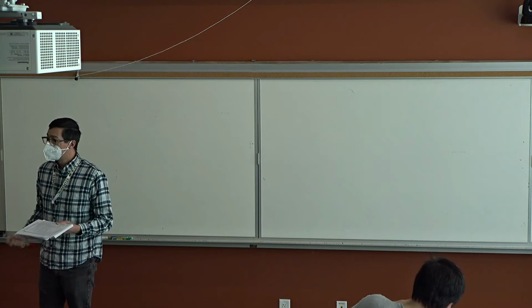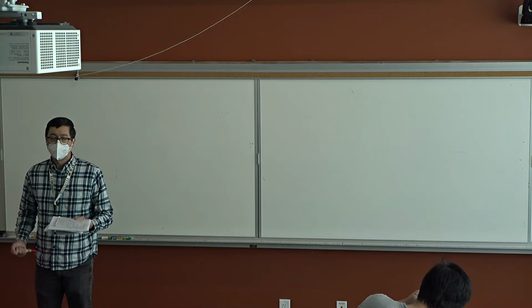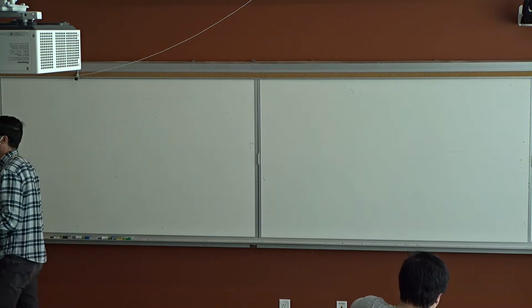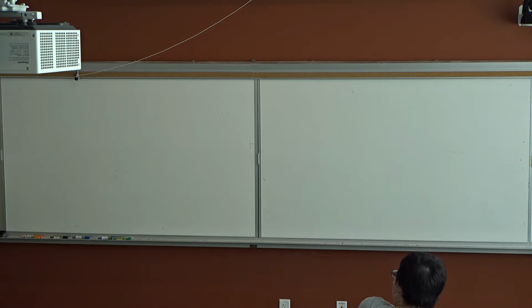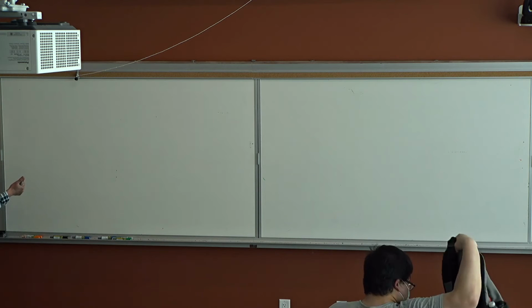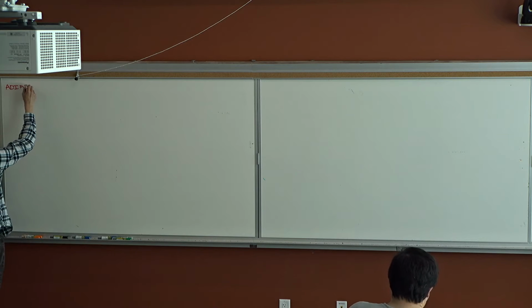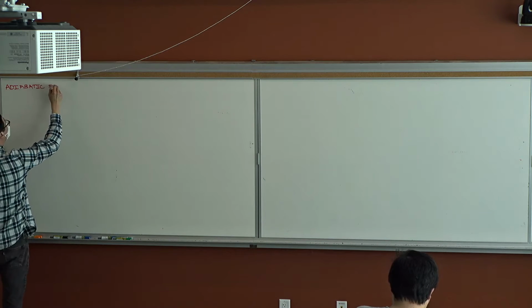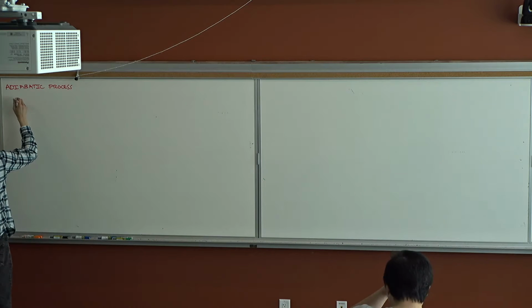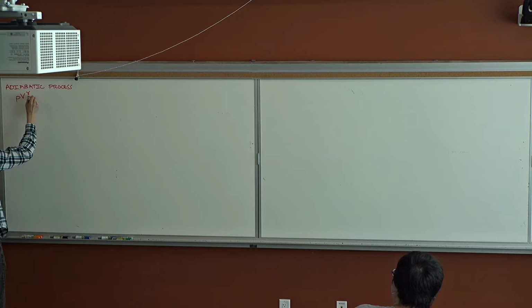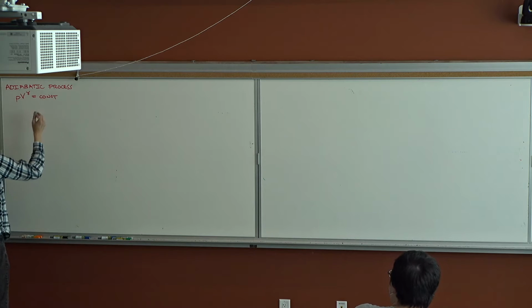Monday is a holiday, so that cost me a day of lecture that I hadn't adequately budgeted for. So I'm going to remind us from last time that for an adiabat, we had PV to the gamma is constant, and we also had that T times V to the gamma minus 1 is constant.